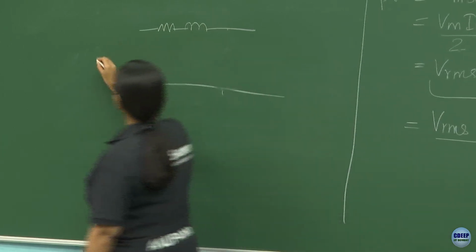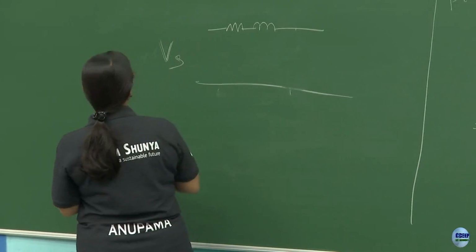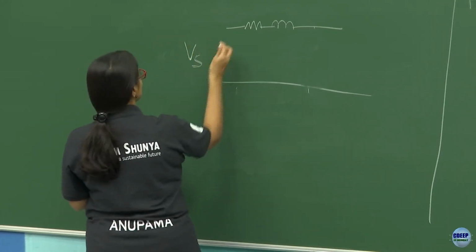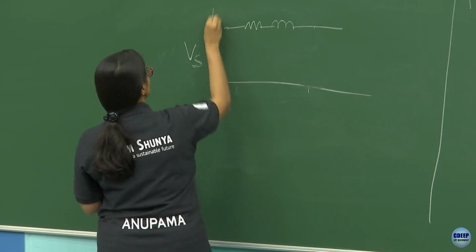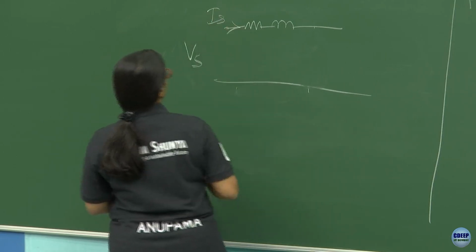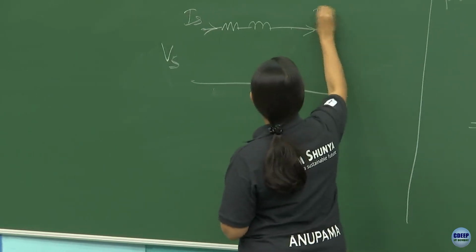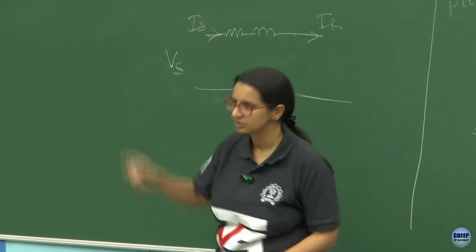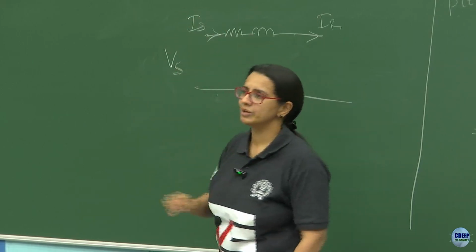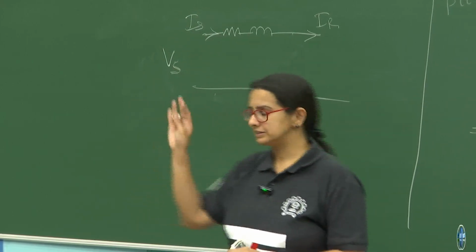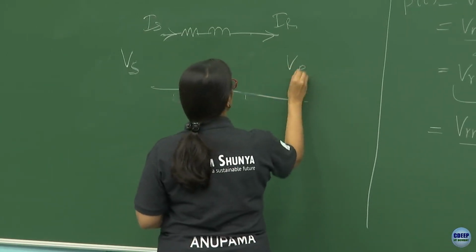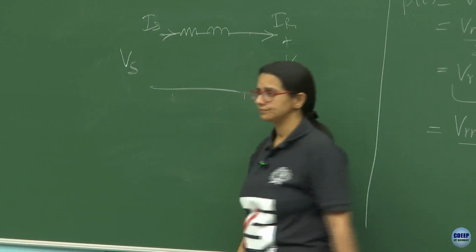On one end is my utility, which has some sending end voltage, Vs. Then there is a sending end current that it injects. This is the current I receive, and because this is a series element, of course, Is is equal to Ir. And this is my receiving end voltage, okay?